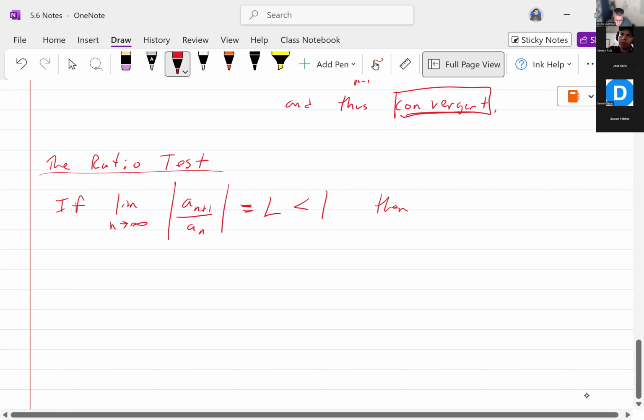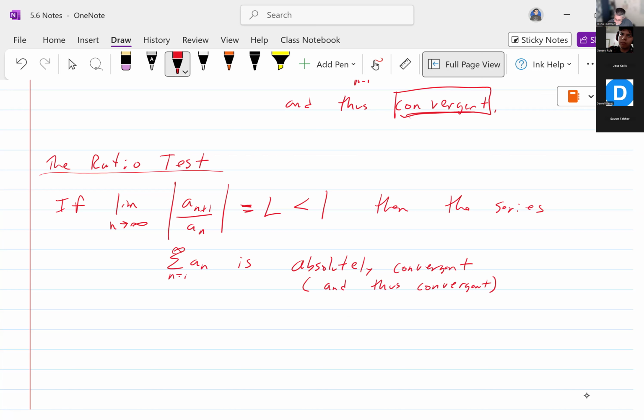Then the series summation of a sub n, n equals 1 to infinity, is absolutely convergent. So what we're testing here is absolute convergence. It is absolutely convergent, and thus convergent. So I'll get absolute convergence, which will tell me that it is therefore convergent.